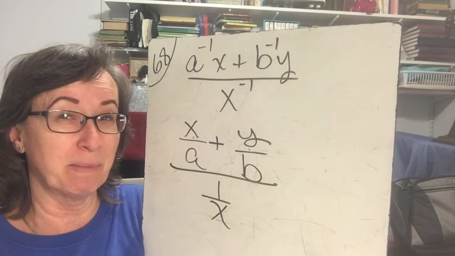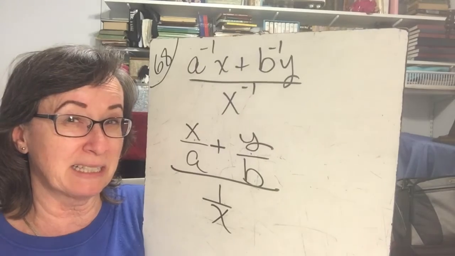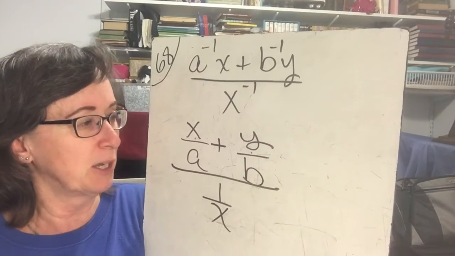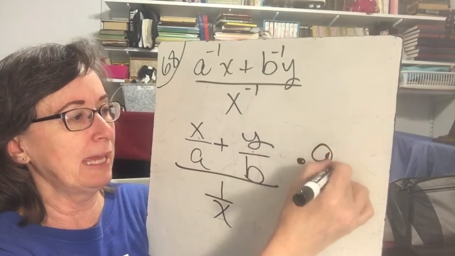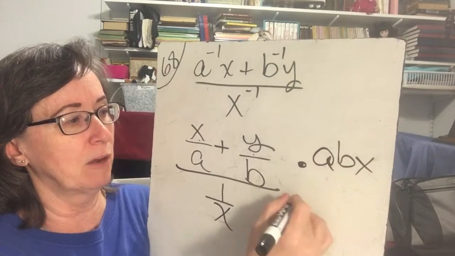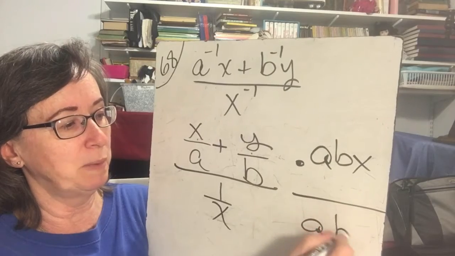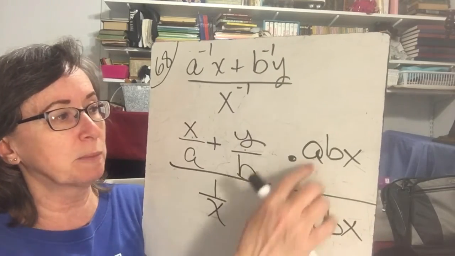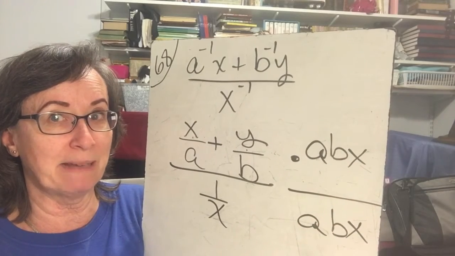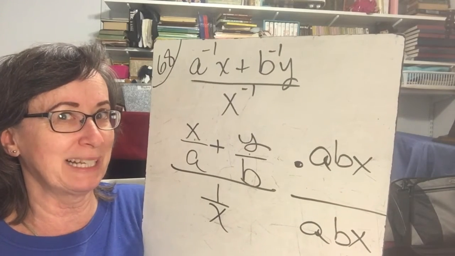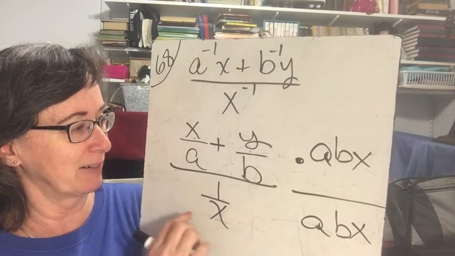Wouldn't the least common denominator be ABX? It's the least common multiple, isn't it? So what would happen if I multiplied by ABX over ABX? Did I multiply both the numerator and denominator by the same quantity? I'm using my least common denominator method here.